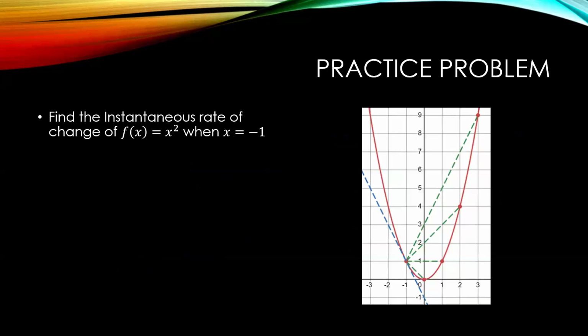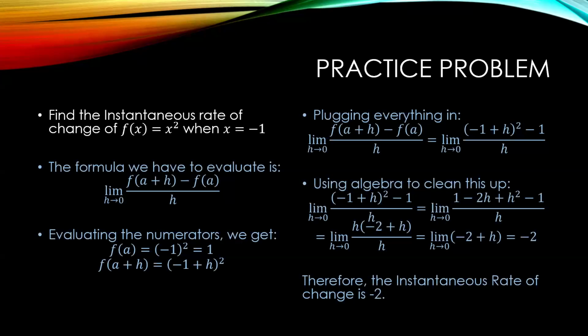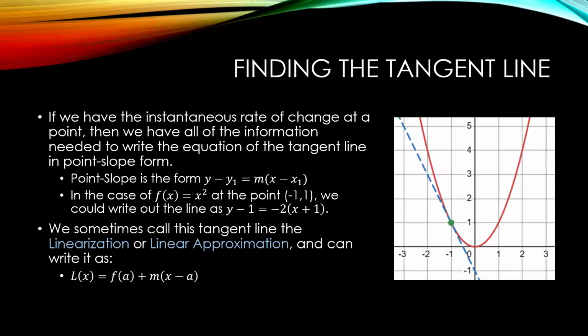Going back to look, that's what we had. This blue line is the line tangent at that point, and the slope of that line is -2. If we have the instantaneous rate of change at a point, then we have all the information needed to write the equation of that tangent line.